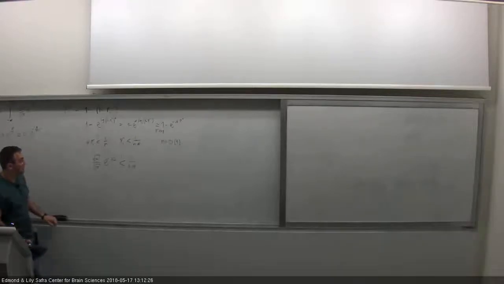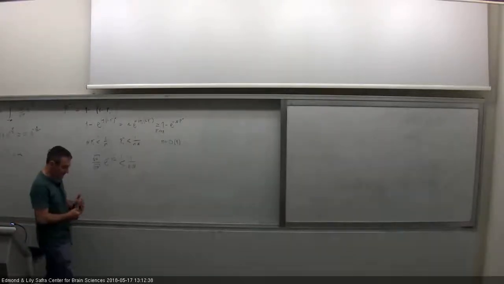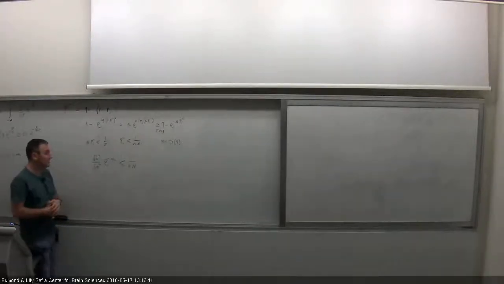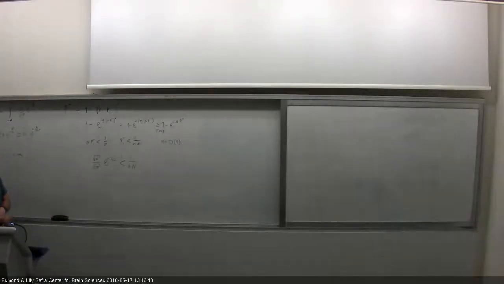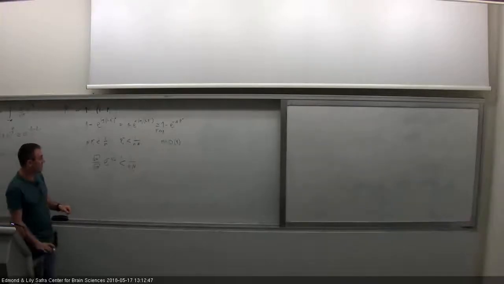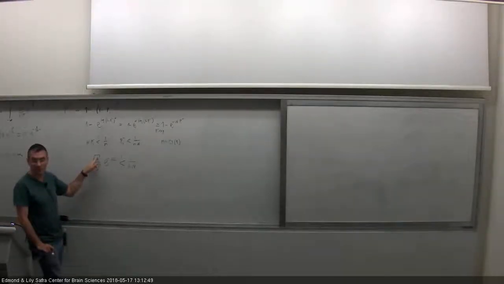For example, it could be 1 over square root of n, or 1 over n, or 1 over n squared. So the question: what's the functional dependence of alpha on n? When alpha is small, we have two terms here: the square root term, and the exponential term.